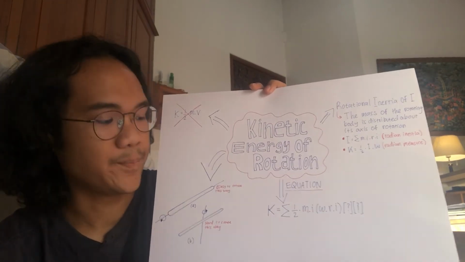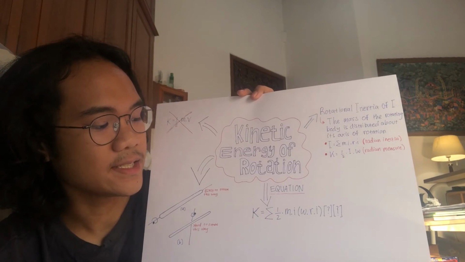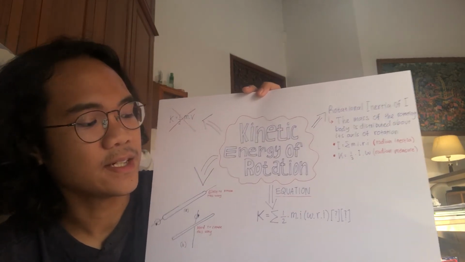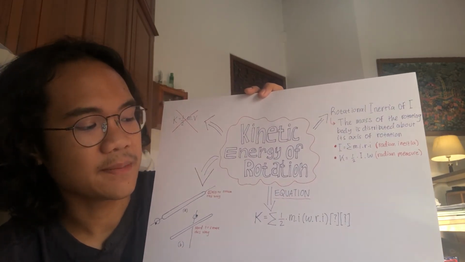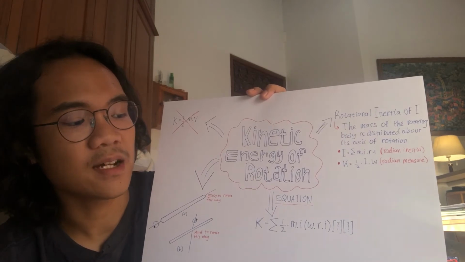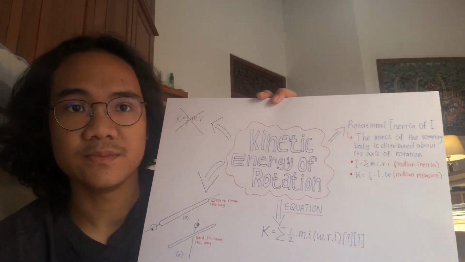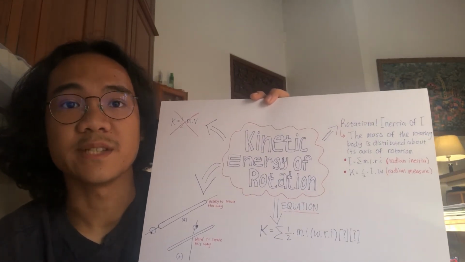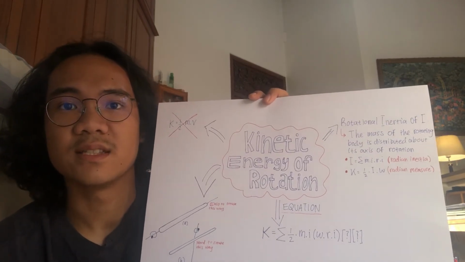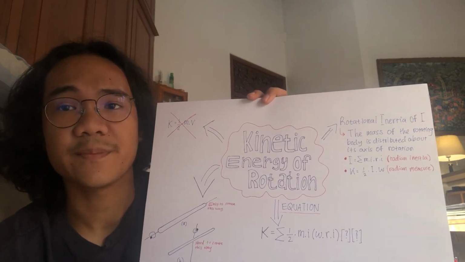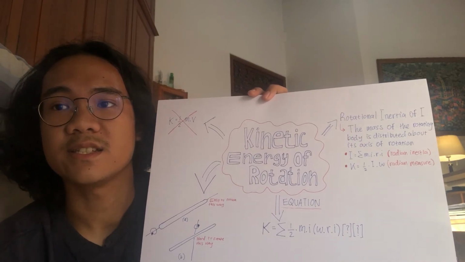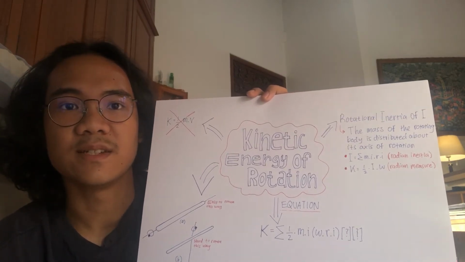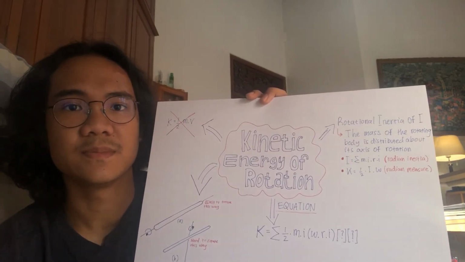And then the equation is K equals the sum of half times m_i times v_i squared, which is half m_i omega squared r_i squared. So in a rotating object, to calculate the kinetic energy of the object, all of the particle kinetic energies must be calculated individually and then added up.